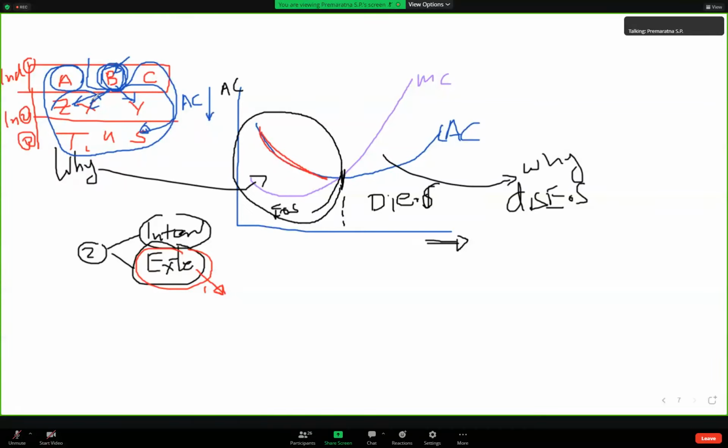We call this externality, positive externality. So that's what we call external economic scale. It's a kind of industrial cluster.